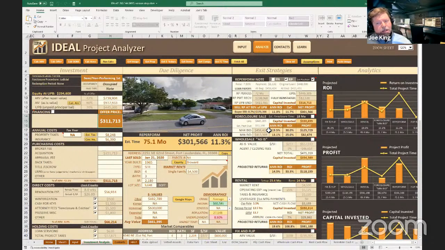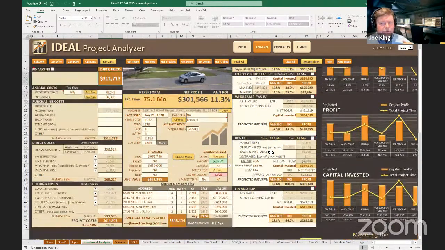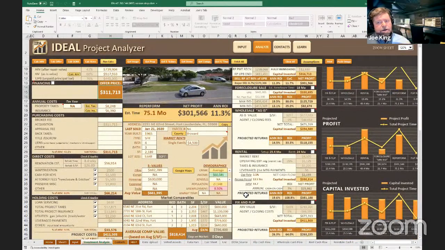But if nobody bids on it, you take the property back, and now it's yours, and you can do what you want. From a wholesale standpoint, you could sell that property outright and recoup your money. You could rent it, do seller financing on it, or fix and flip it. And that's why we have all these other exit strategies in here.